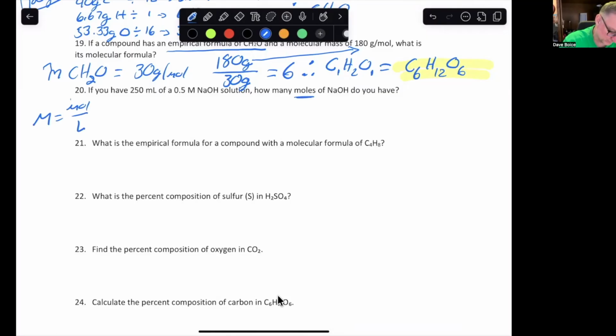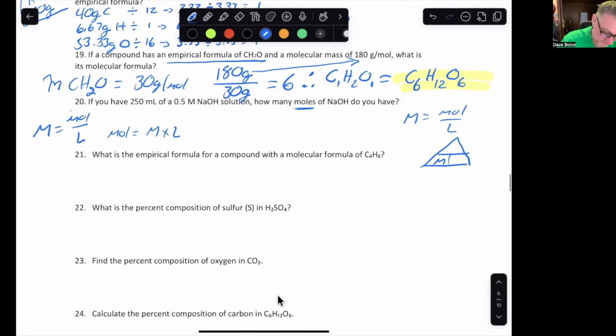If I want to solve for moles, one thing I can do is rewrite this, and I'm a big fan of that. Moles equals molarity times liters. If you don't know, there's a little trick for this. Molarity equals moles over liters. You can think of this as a triangle, with molarity on the left, moles on the top and liters on the bottom right.